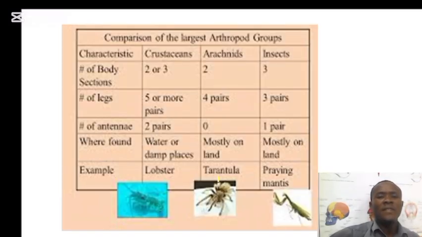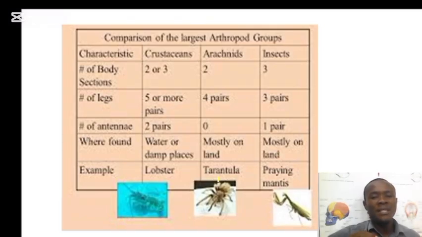Now we have the summary of all we have discussed before. This table here can help you to identify the various classes that we have under the phylum Arthropoda, with the exception of two, that is the Chilopoda and the Diplopoda. But I've talked about the differences between the two.